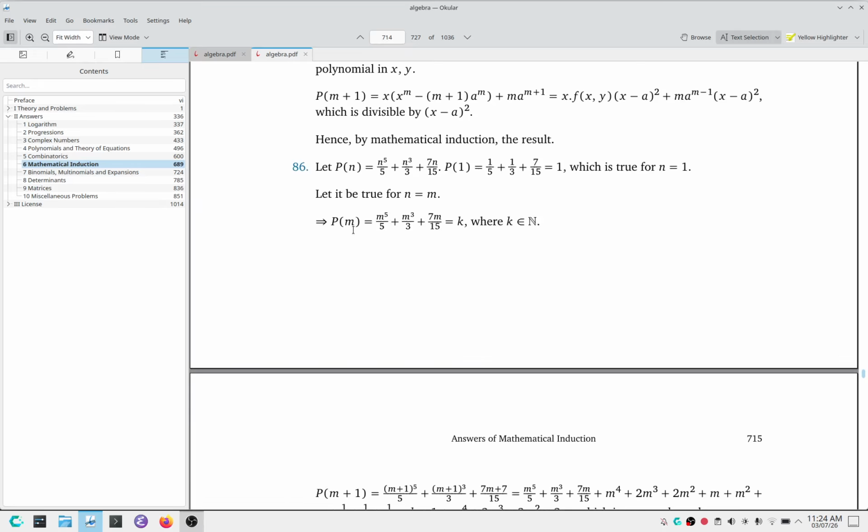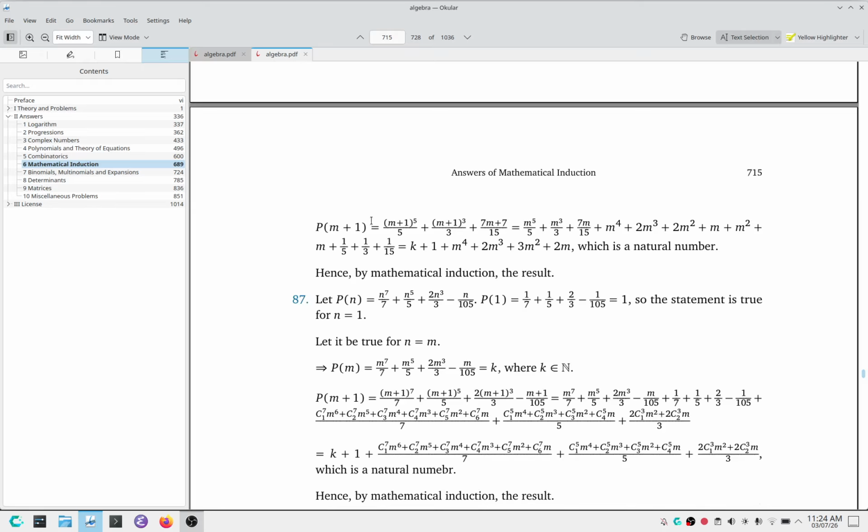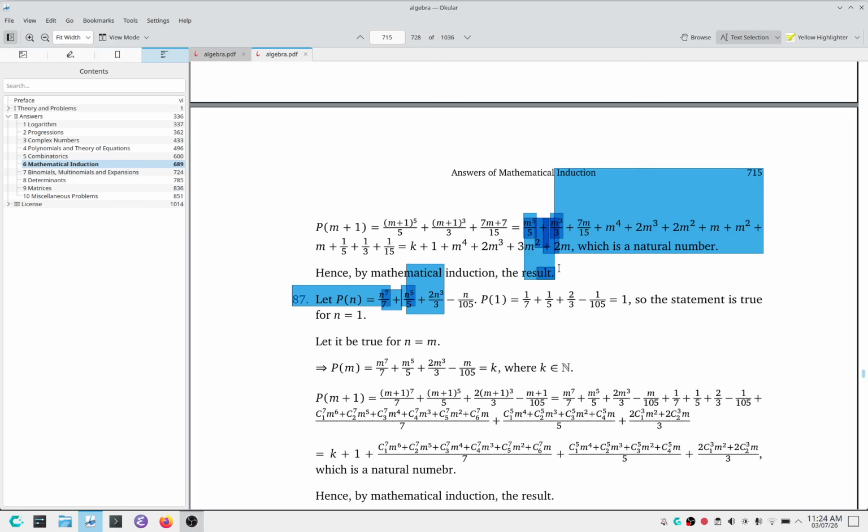So we let p of m is equal to m raised to the power 5 over 5 plus m raised to the power 3 over 3 plus 7m over 15 is equal to k, where k is in the set of natural numbers. Now we put n is equal to m plus 1, we arrive at, after simplification, k plus 1 plus m raised to the power 4 plus 2m cube plus 3m square plus 2m, which is a natural number, and hence by induction we have the result.